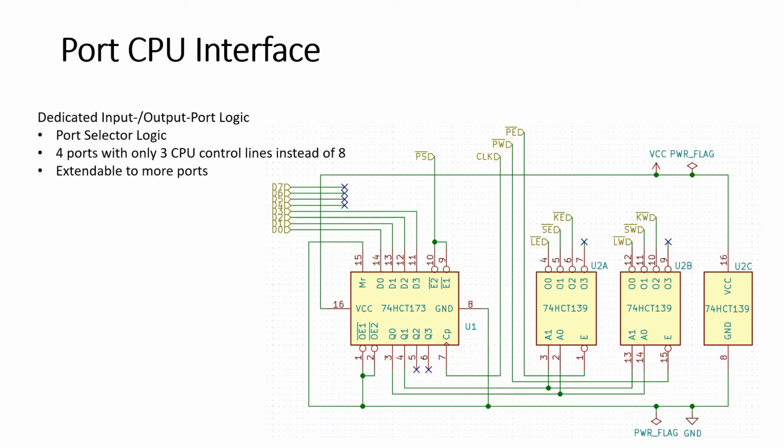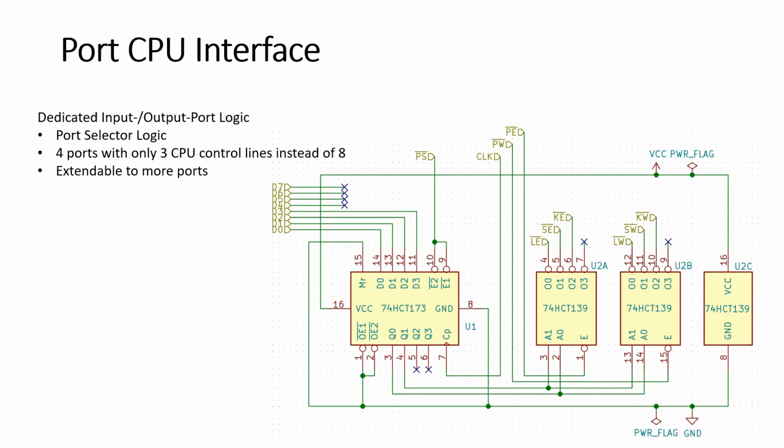From the CPU's point of view, the LCD controller is just another port that is connected to the CPU, and there is a dedicated input and output port logic in my breadboard computer, which first allows selection of a port, so telling the port CPU interface which port should be talked to, and then the port can be addressed by simple port enable and port write control lines.